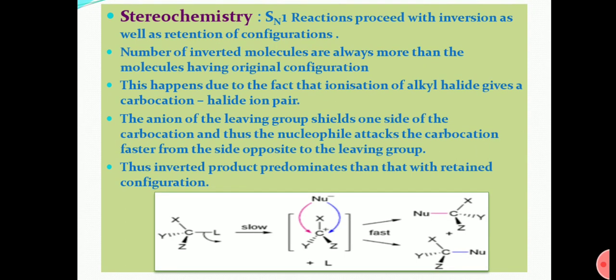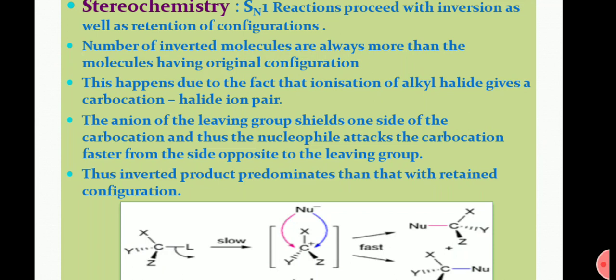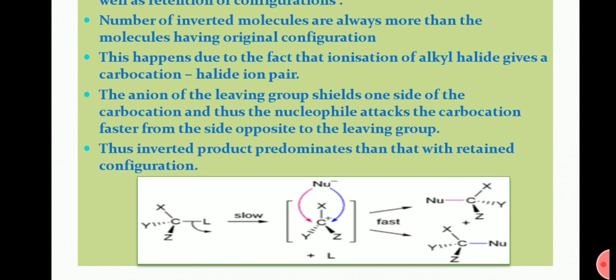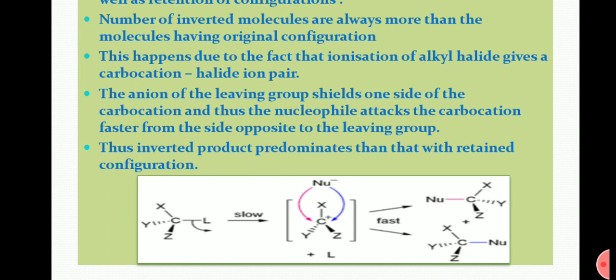The anion of the leaving group shields one side of the carbonium ion, so the nucleophile attacks the carbonium ion from the side opposite to the leaving group. That's why it can easily attack the other side of the carbonium ion.